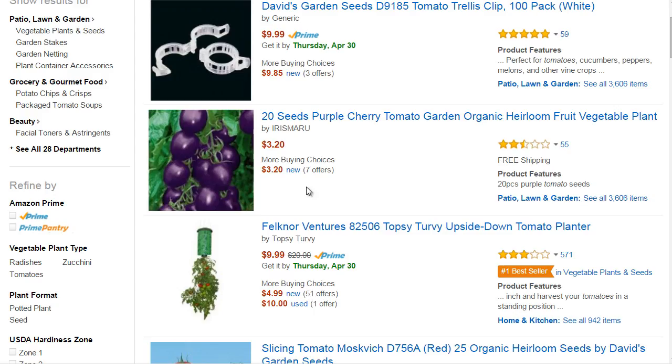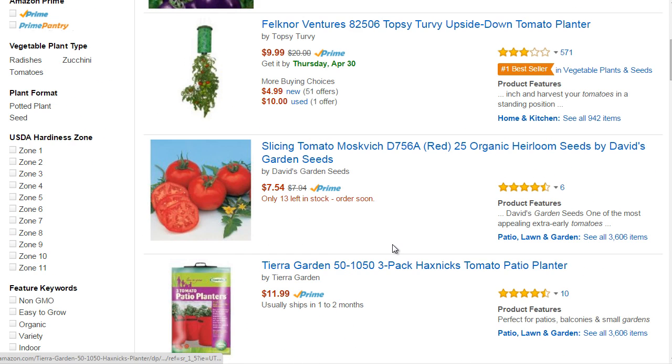Okay, so when we look at a physical product and we go to Amazon.com, for example, one thing you can use Amazon.com for is looking at what people buy and what are the things that are related to the product itself. So for example, if we're selling to people specifically who want to grow cherry tomatoes, tomatoes of different kinds, then of course there are different items here for different purposes for tomatoes.